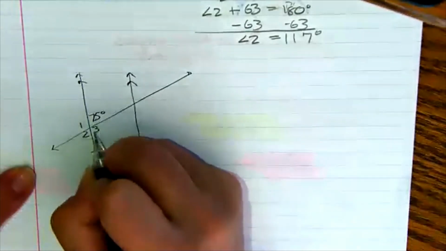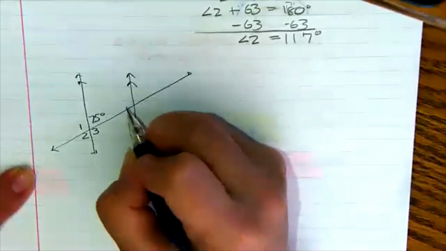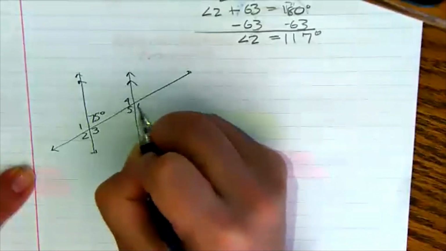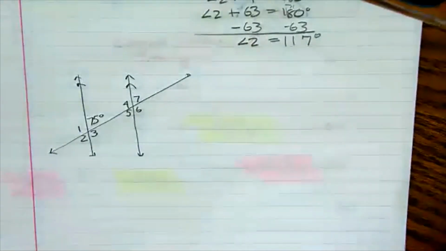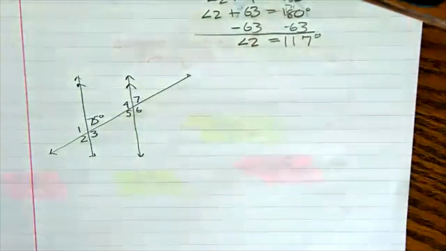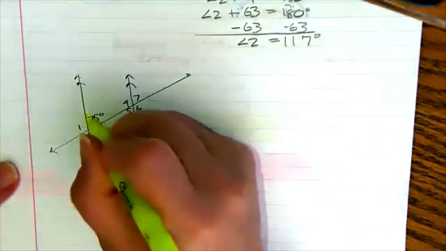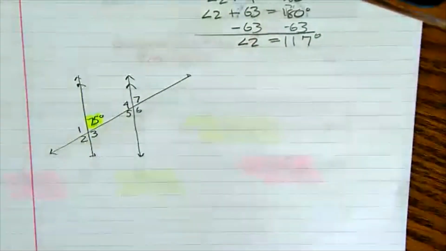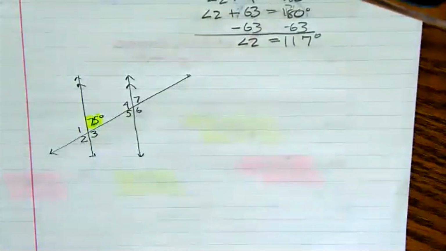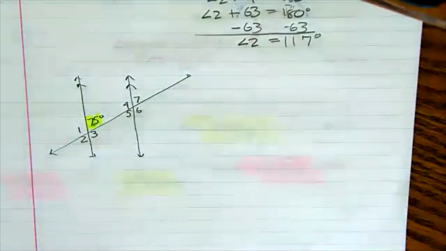Angles 1, 2, 3, 4, 5, 6, 7. With this information, so I'm going to highlight our given angle just so it's easier to see. With this information, can we figure out the measurement of angles 1, 2, 3, 4, 5, 6, and 7?